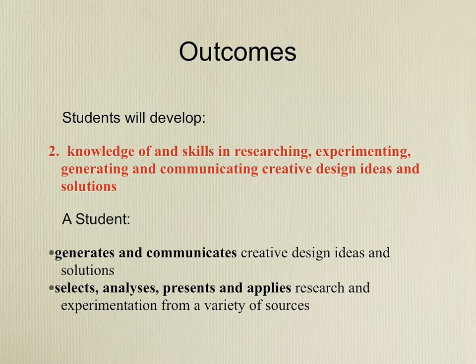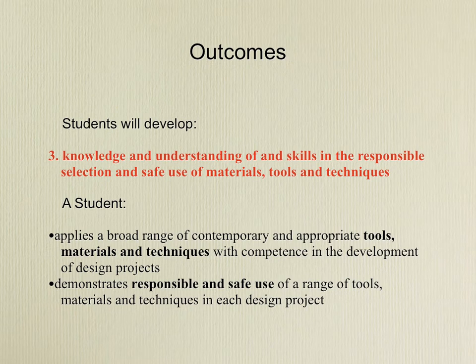So where it says generate and communicate creative ideas and solutions, in the syllabus you will have that students learn to use a variety of methods to generate creative ideas for each design process. And there's a whole list, if you look carefully at your syllabus, of things that the students learn about and the students learn to do.